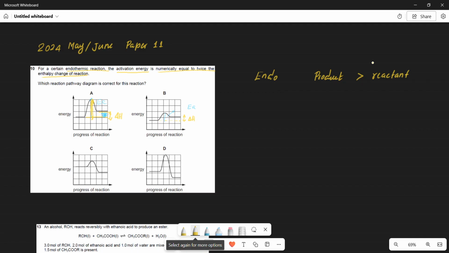Is it twice? This is 1 and this one is covering 3. So they are not 1:2, it's actually 1:3.